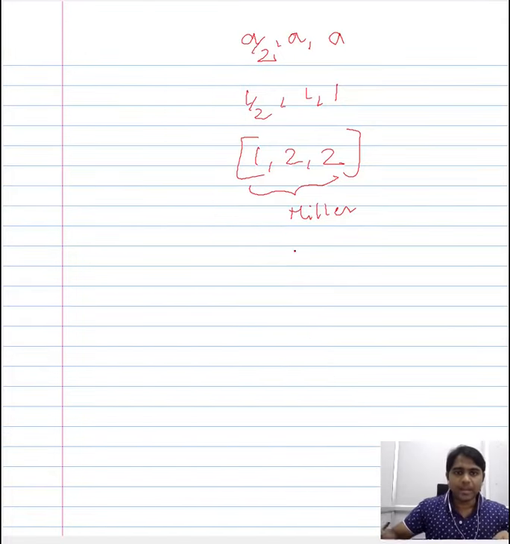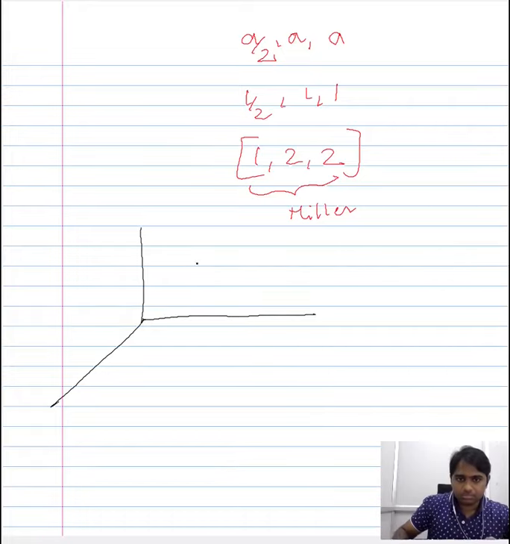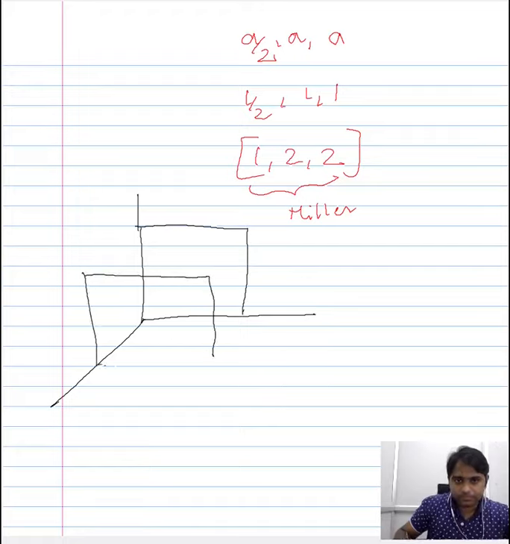Now let us go back to our simpler consideration. So we have our cubic unit cell. Let us consider a simple direction that is oriented along this line here.